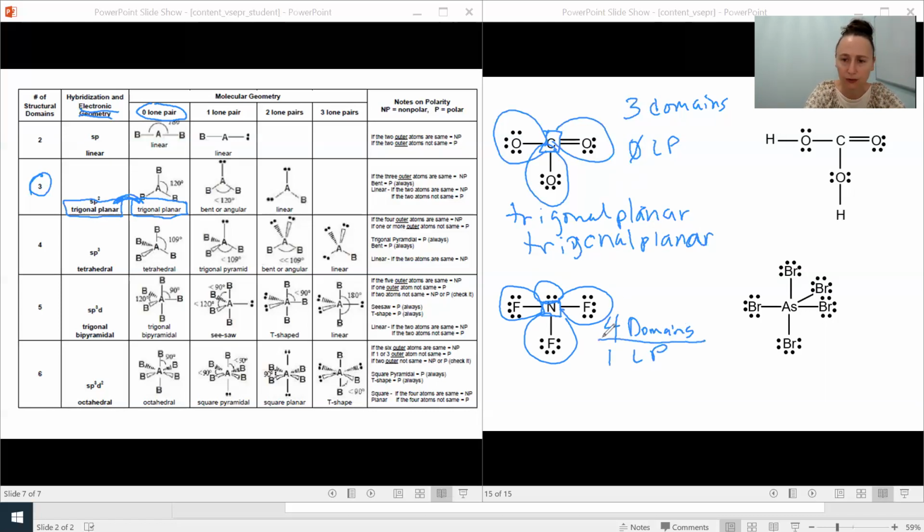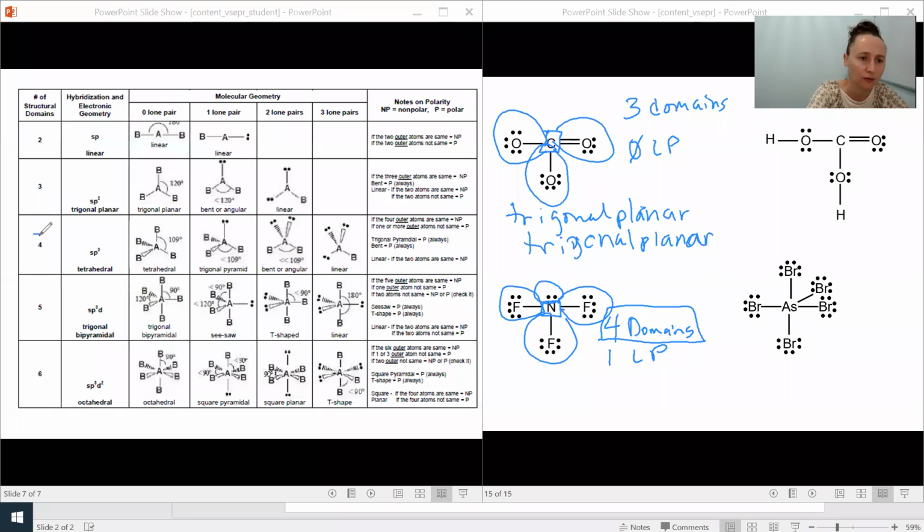So 4 total domains where one of them is a lone pair on the central atom. Now we are going to go to our table and go to 4 domains. The electronic geometry is tetrahedral. This is how 4 groups arrange themselves around a central atom.